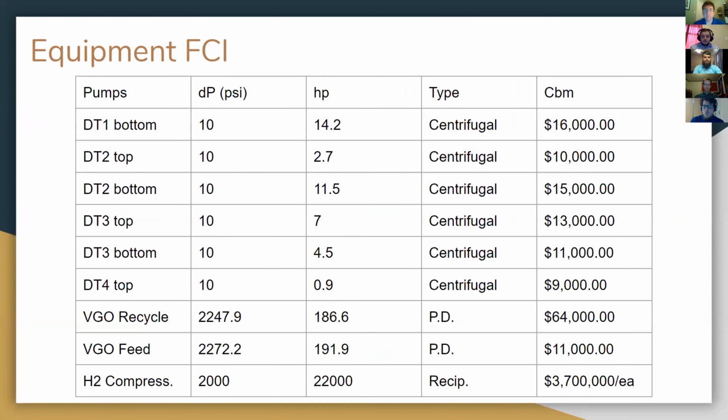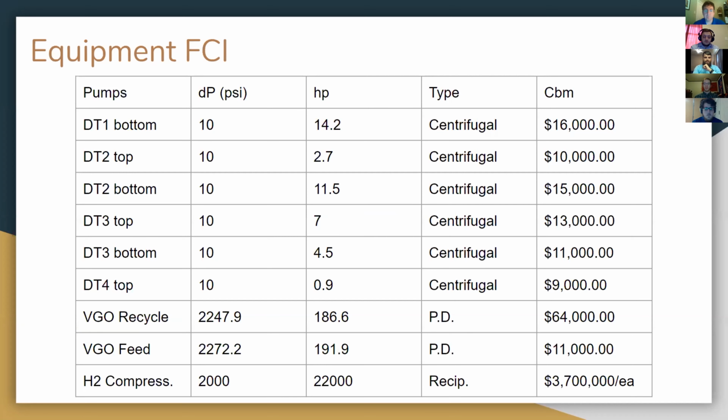Here we have our pumps. We just assumed a DP of 10 PSI, which amounts to a nominal 100-foot range, to move fluid from one unit to the next. We're running centrifugal electrical pumps through all of those. For our VGO recycle and feed, we needed positive displacement pumps because the DPs were so incredibly high.